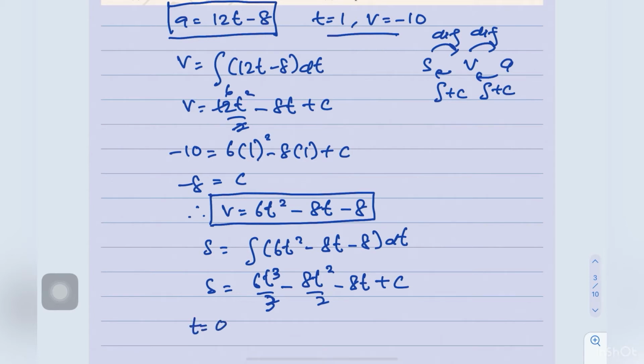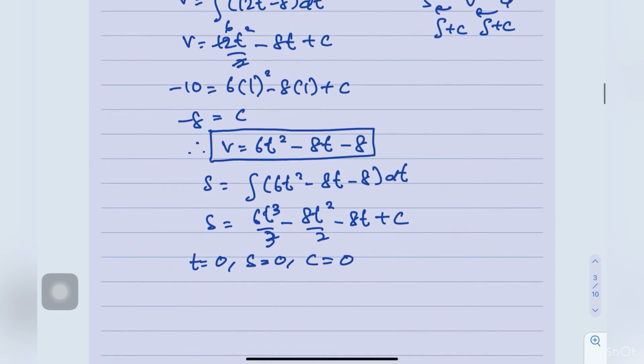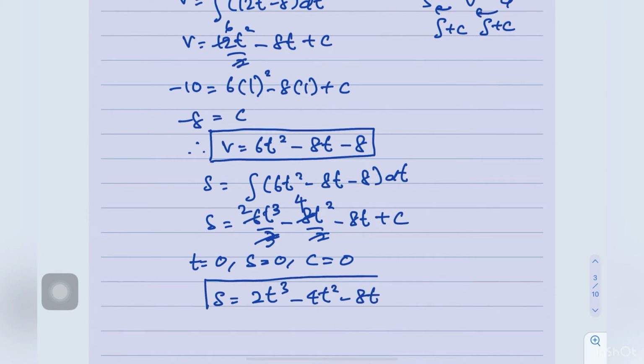So when t is 0, s is 0, c is 0. Therefore s, simplified, is 2t cubed minus 4t squared minus 8t. This is the function of displacement.